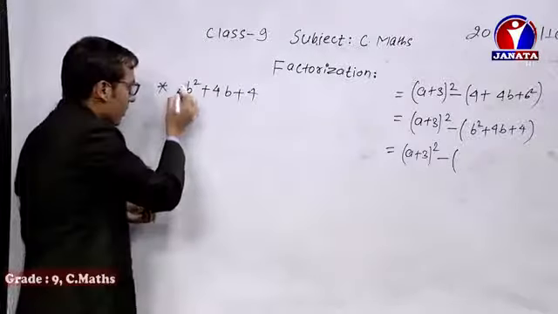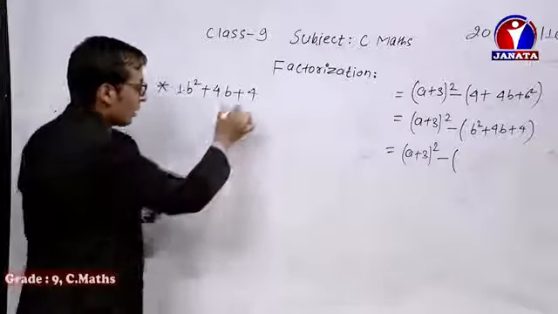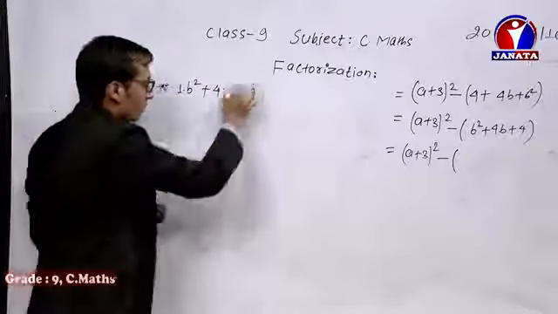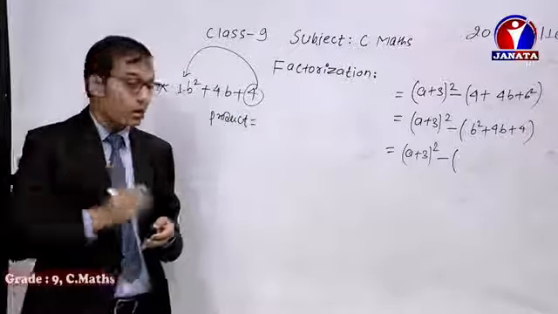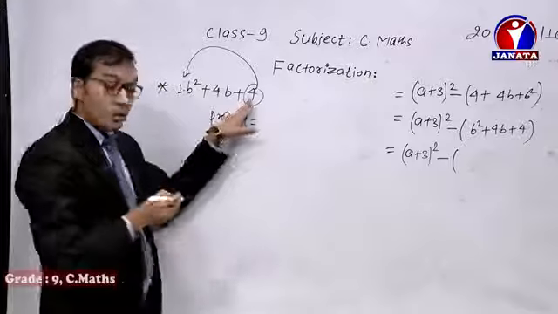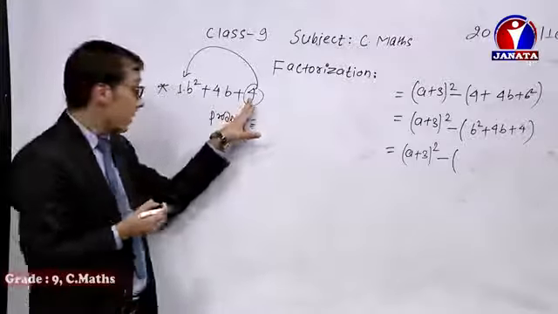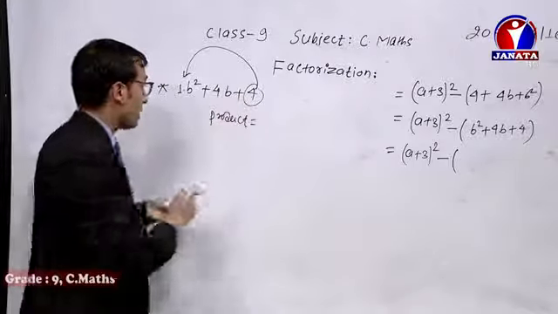What is the coefficient of b square? 1. What is the constant term? 4. First of all, we need to find the product of the constant term and the coefficient of b square. So what is the product? It is 1 times 4.